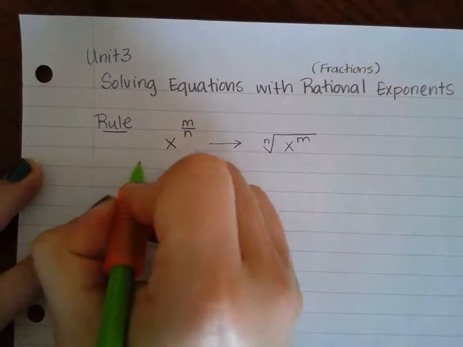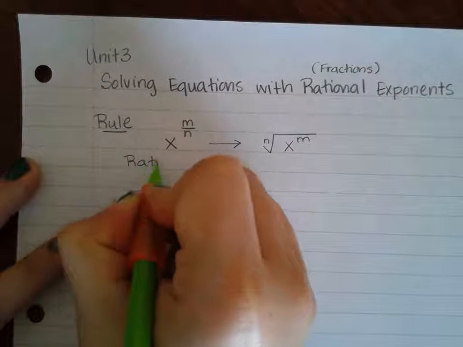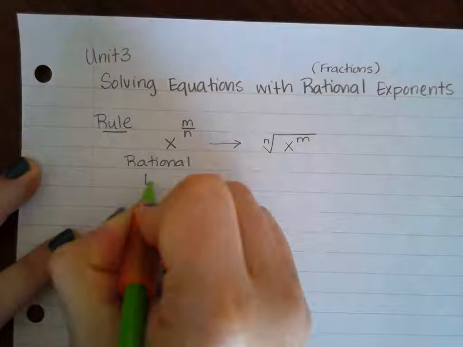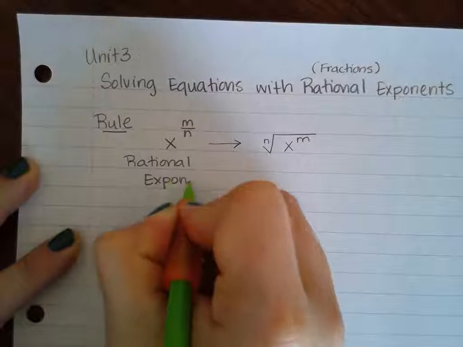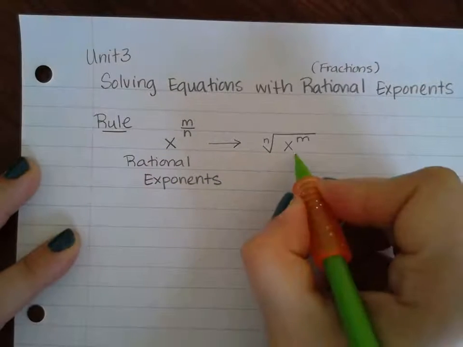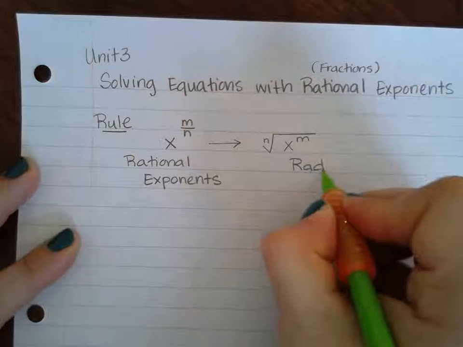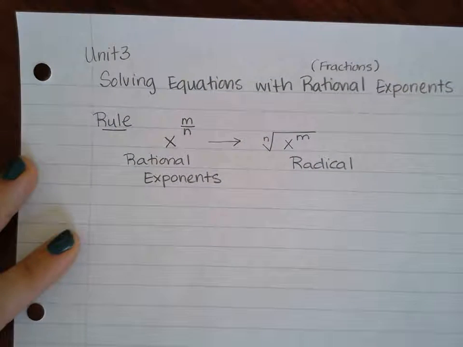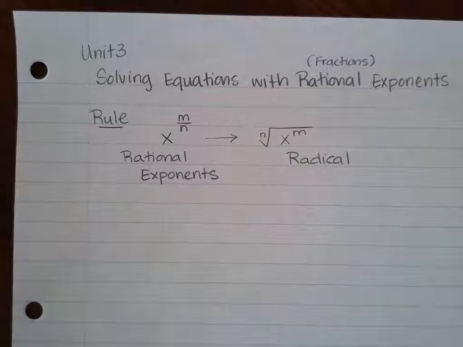Okay, so this is with rational exponents, and then over here this is radical form. Okay, and you can go back and forth.